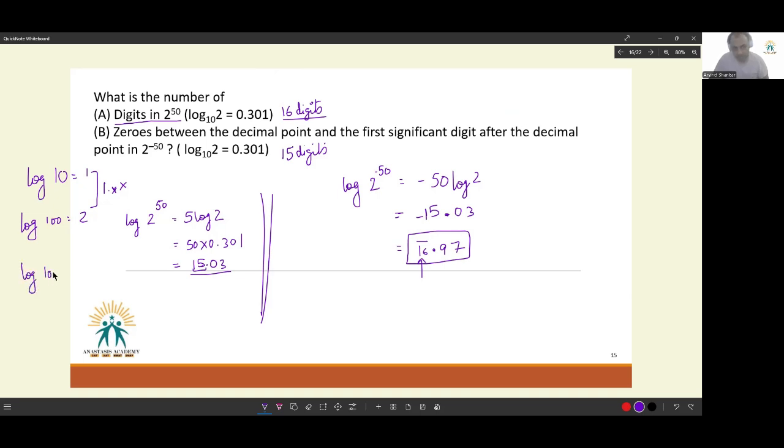Similarly, when I go to log 1000, this is equal to 3. So all 3-digit numbers will be 2 point something something. Or if you go all the way up until log 10,000, this is equal to 4. All 4-digit numbers will be 3 point something something.